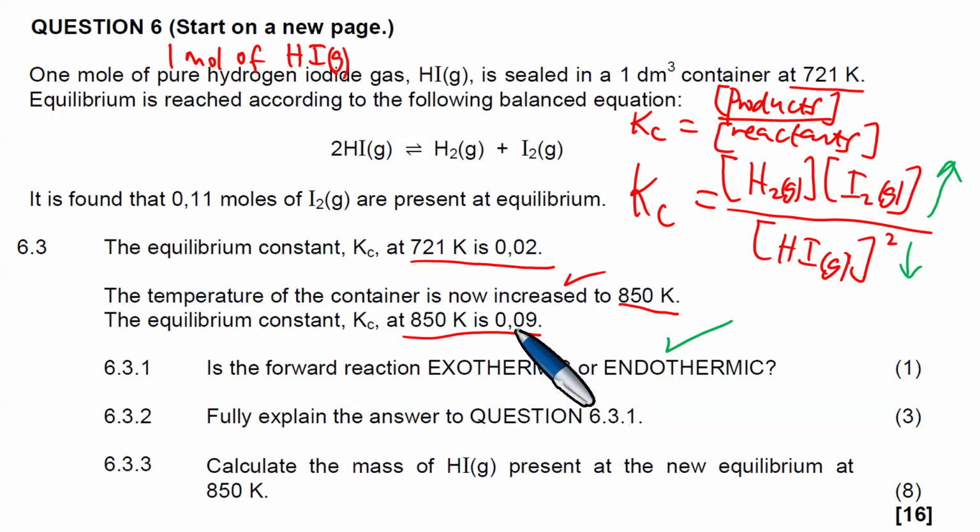So if you increase the temperature and the Kc now increases from 0.02 at 721 Kelvin to 0.09 at 850 Kelvin, the Kc has increased with the increase in temperature.